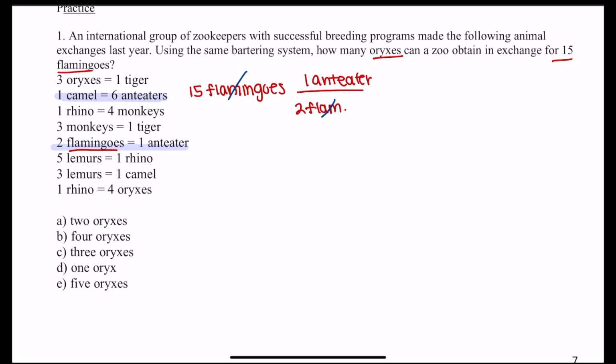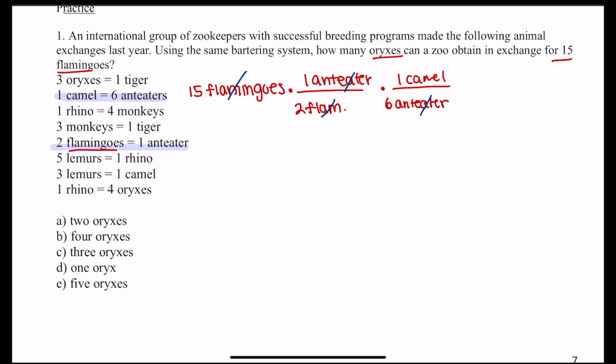So that means we have to do another conversion. Let's continue making the train track. I'm going to put 6 anteaters here with 1 camel. The anteaters cancel out, but we have camel, not oryxes.